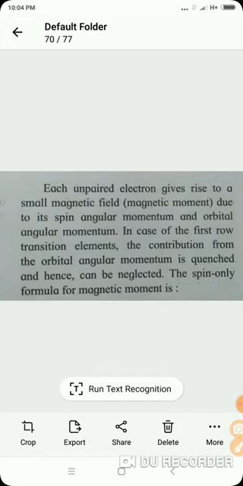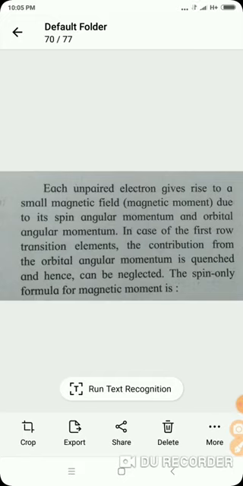Means the unpaired electrons are responsible for the production of a magnetic field, due to their spin angular momentum and orbital angular momentum. Both of these are responsible for the production of the magnetic field.